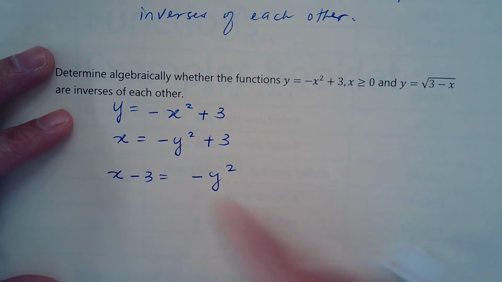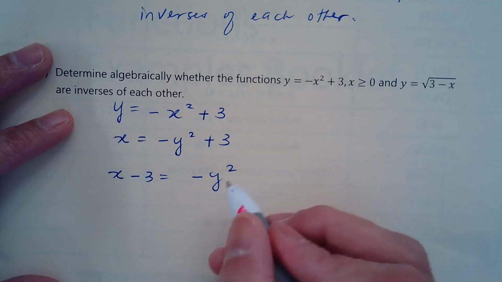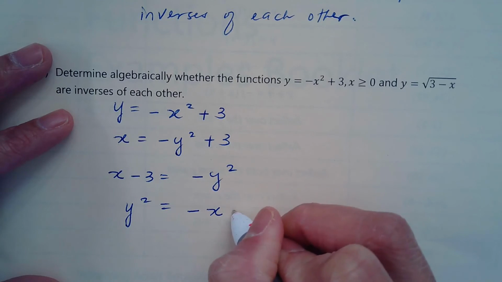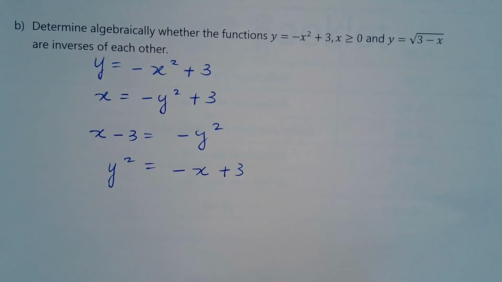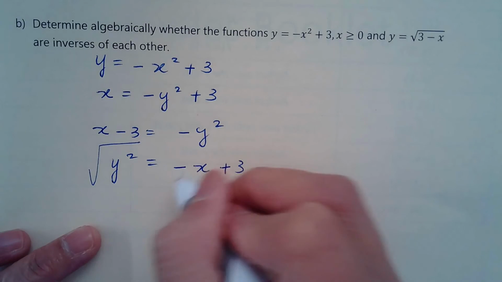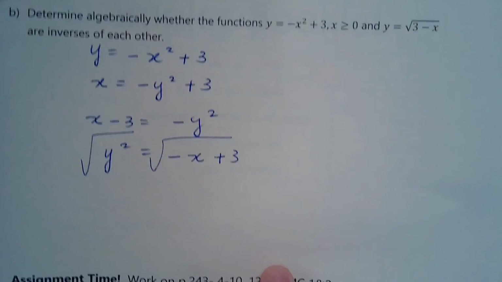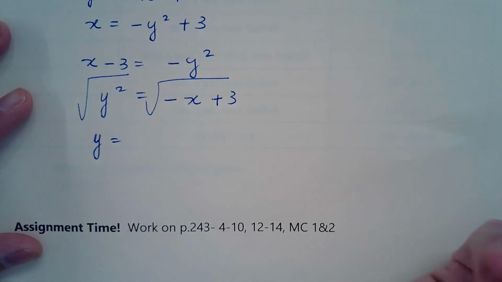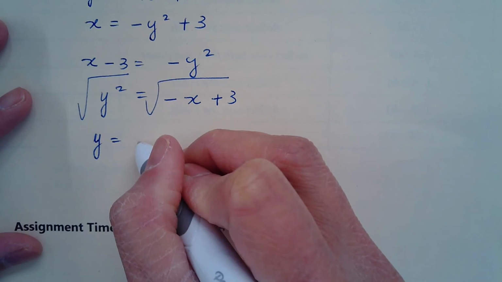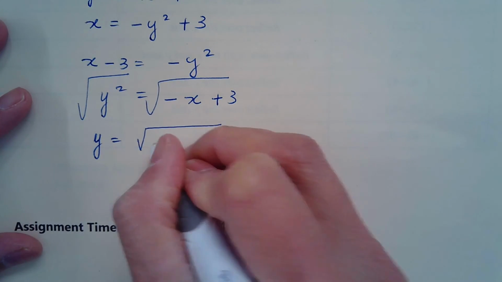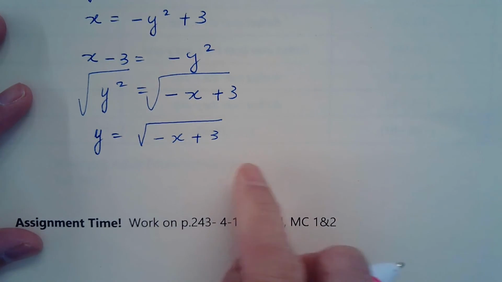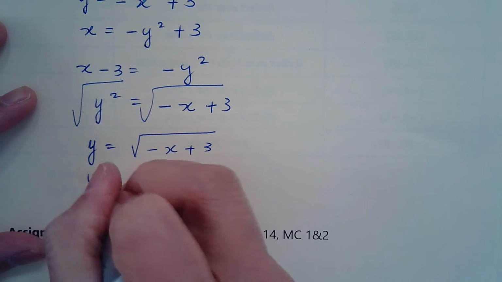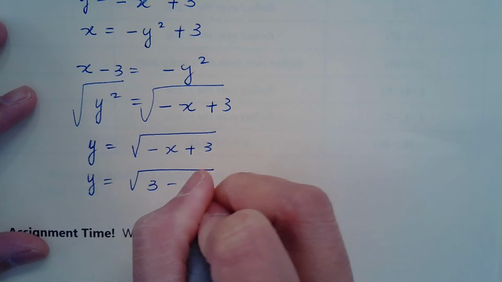Have the y by itself. Right. So let's do that. And then from there, we can take the square root. Negative x plus 3. But then this one here, they have the 3 first and then the x. So y equals 3 minus x.